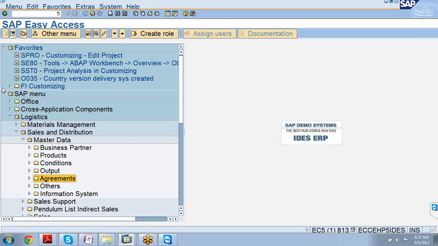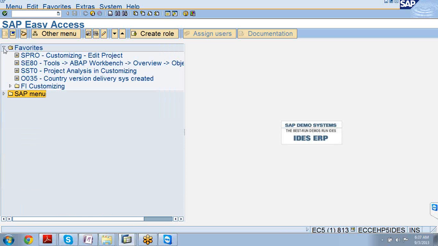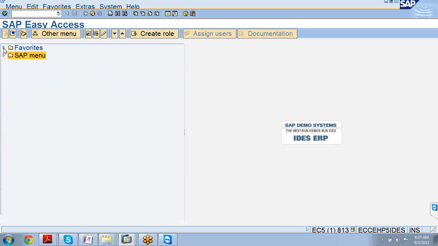Right. So the third one, transaction data. Regular business transactions.